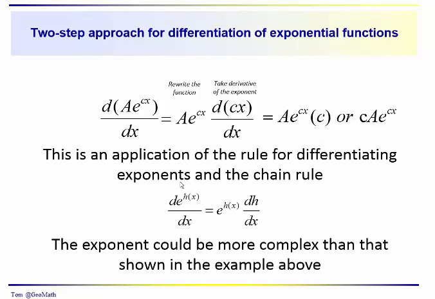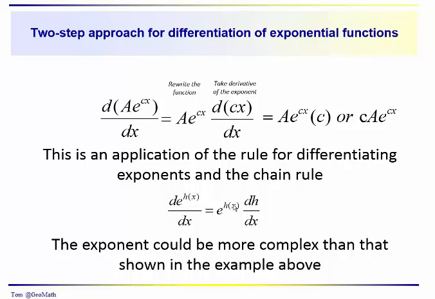So this is really just an application of the basic rule for differentiating exponential functions, and it does incorporate a chain rule concept, where we think of e to some function h of x, and then we rewrite it, and of course it could have a constant in front of it, like it does up here.